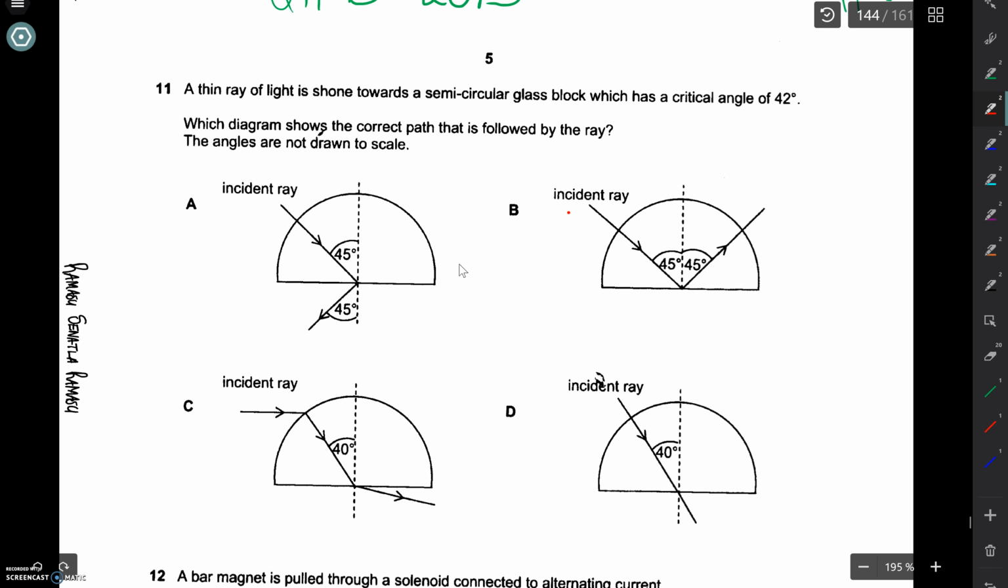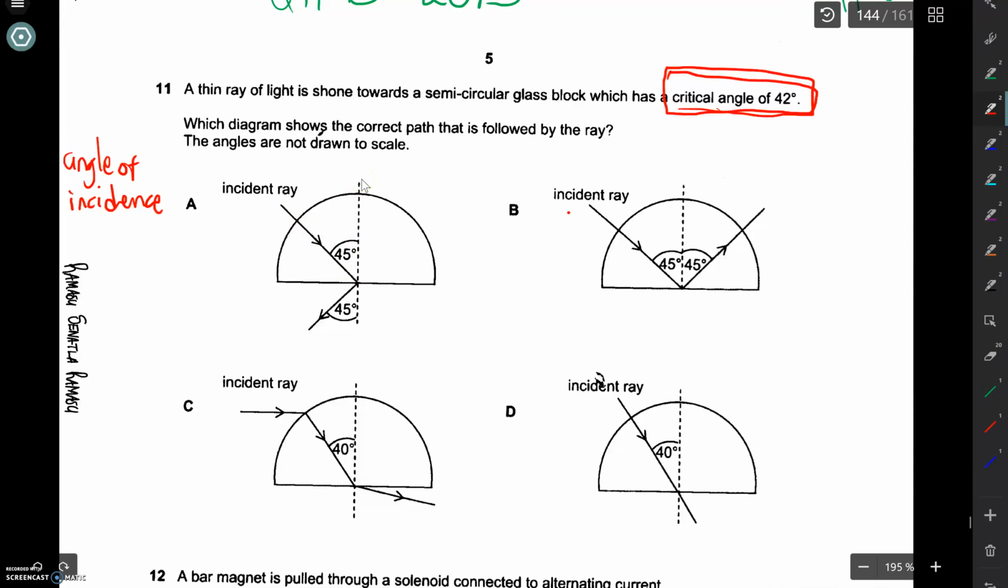Well, if the glass block has a critical angle of 42 degrees, this means that if the angle of incidence, remember the angle of incidence is the angle between the incident ray and the normal.